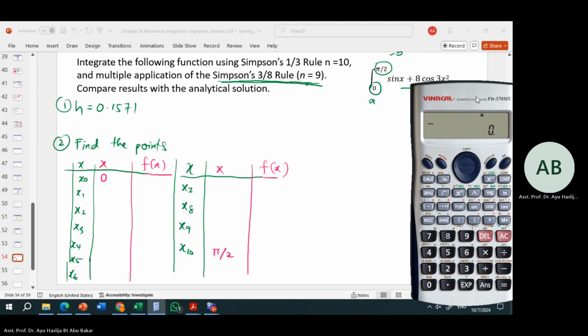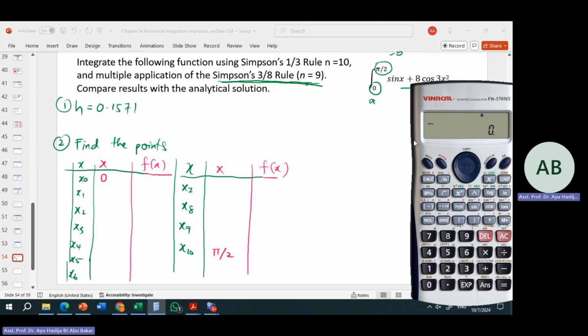Which one? I did for n equals to 9. I got 0. Wait. 0.174, right.